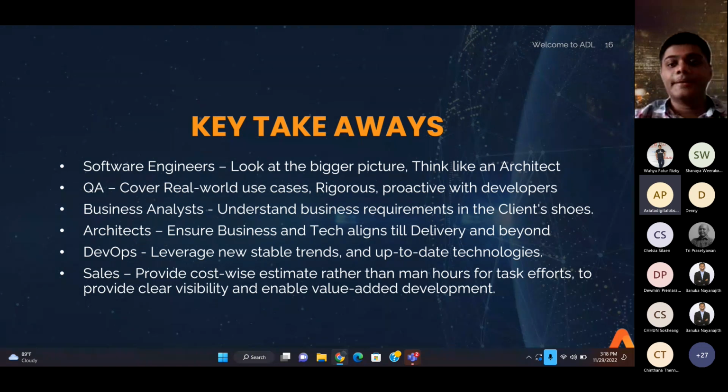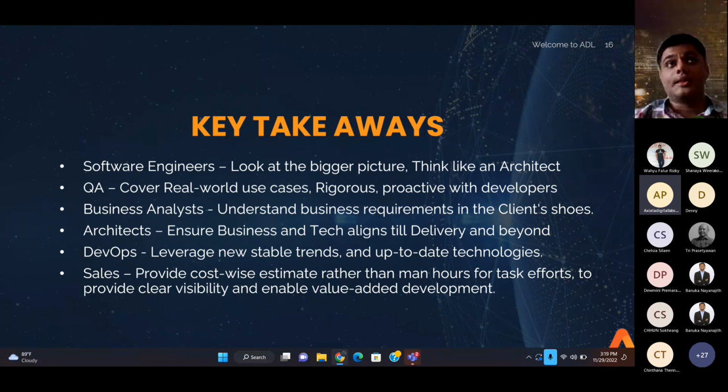So in this slide, we are coming to a conclusion now. The key takeaways would be: software engineers need to look at the bigger picture and think like an architect. QA needs to cover real world use cases. Rigorous and proactive work with the developers will help them. Business analysts need to understand the business requirements within the client's shoes.